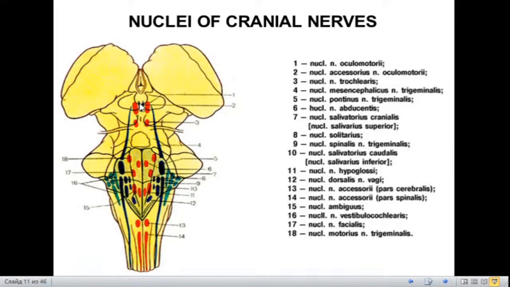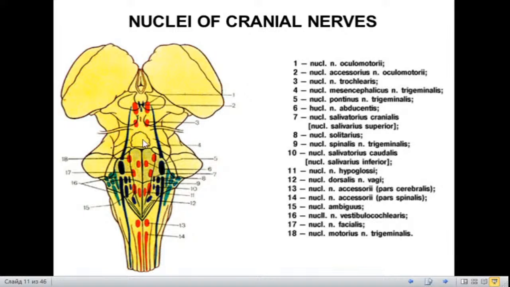You have to know these two eponyms. The first one, accepted in our country, is the Yakubovich nucleus, and in Western Europe and America it is known as the Edinger-Westphal nucleus. Then the fourth cranial nerve, trochlear, has one motor nucleus found in the tegmentum of the cerebral peduncle, but at the level of the inferior colliculus.